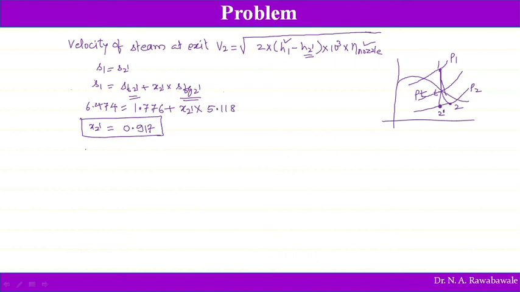So from this we can find out enthalpy at 2 dash. Enthalpy at 2 dash, which is H2 dash, is equal to HF2 dash plus X2 dash into HFG2 dash.